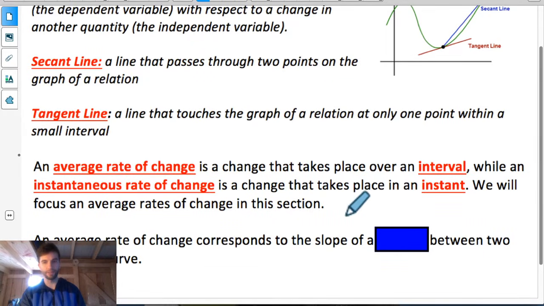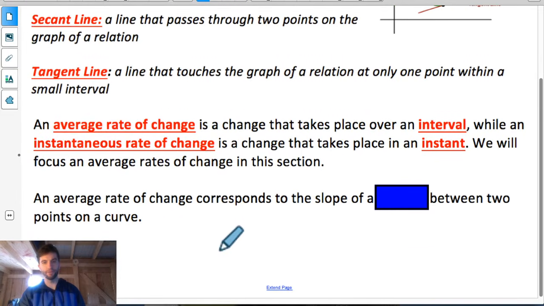When we calculate a rate of change, we do change in y over change in x. Or if we think about it as velocity, remember when calculating velocity, you do change in distance over change in time. So how do we calculate, let's say, an instantaneous velocity? How do we know when you're driving a car how fast you're going at any one given instant?